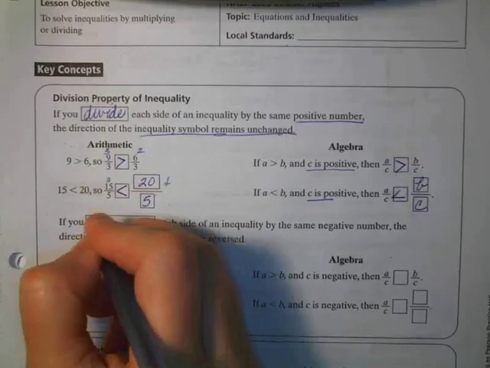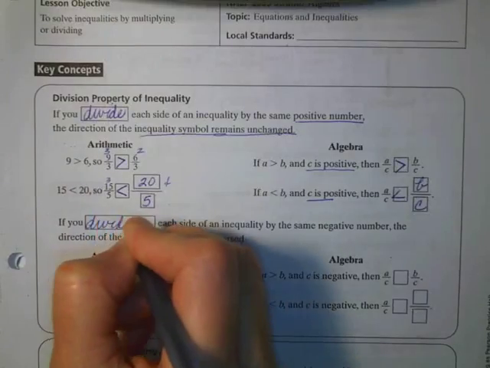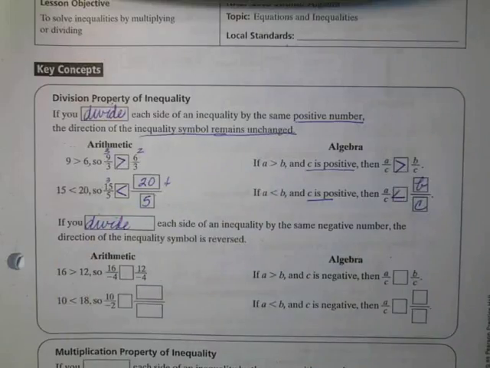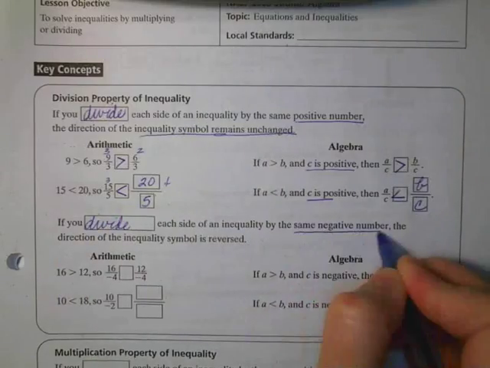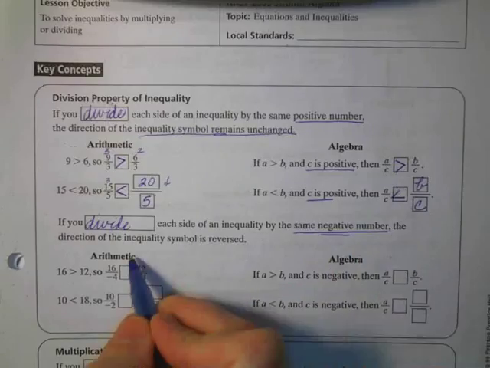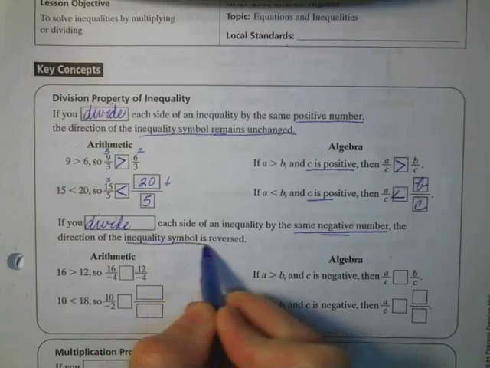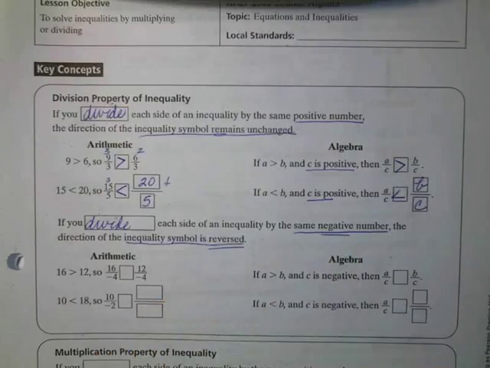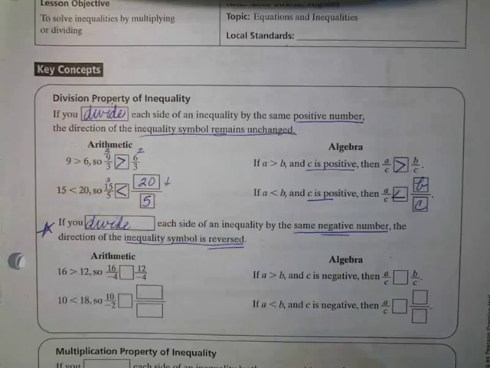However, if you divide each side of an inequality by the same negative number, the direction of the inequality symbol is reversed. This is the part that gets a lot of people, the part that I was referring to as we got started.